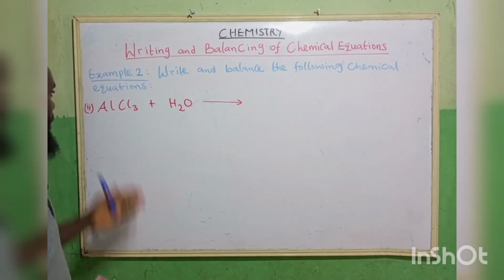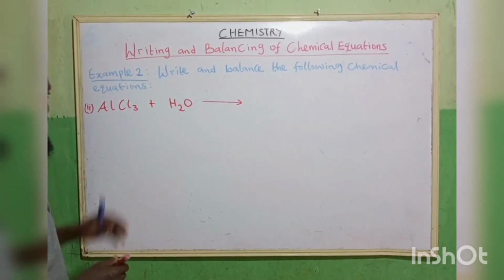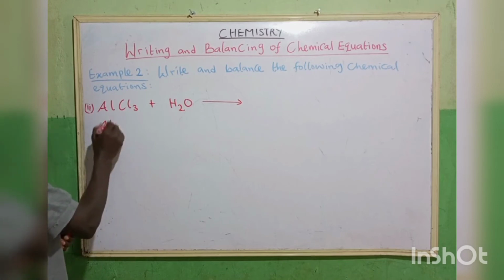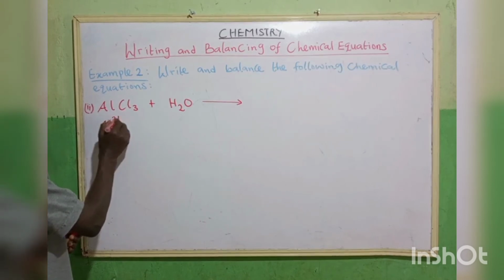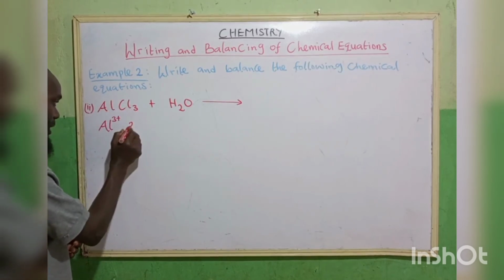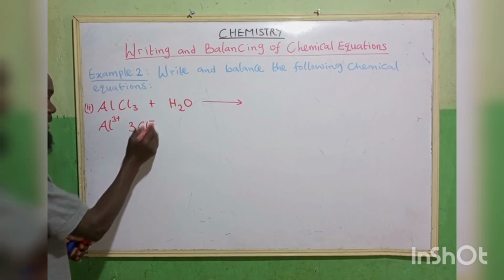Second example, aluminum chloride reacting with H2O. Let us break this down. Aluminum chloride, Al. The charge of aluminum, as we know, the valency is 3 plus. Then chlorine. To write this chlorine, these 3 will move forward. We have 3 Cl. Then the charge of chlorine is minus 1.